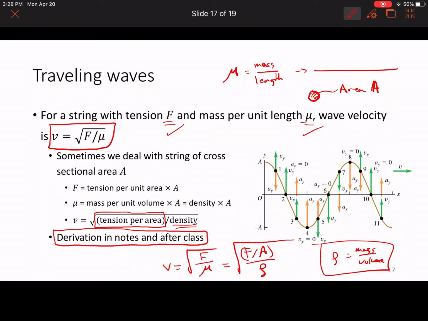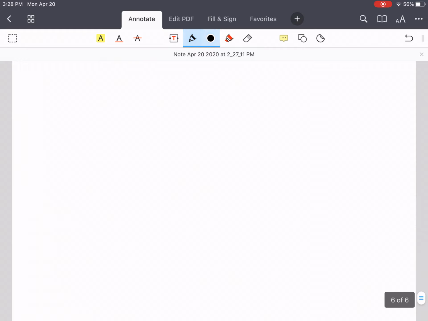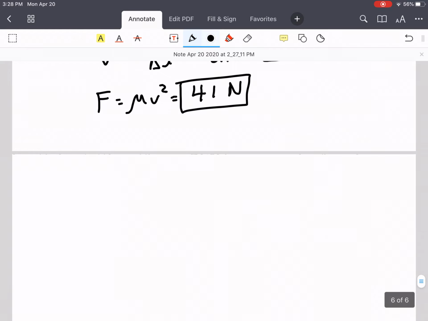For those who are interested, I quickly wanted to derive the equations here for the string. So for those of you who aren't interested, thank you for listening to this lecture. And for those who are interested, let's quickly talk about how we get this formula for traveling waves on a string.